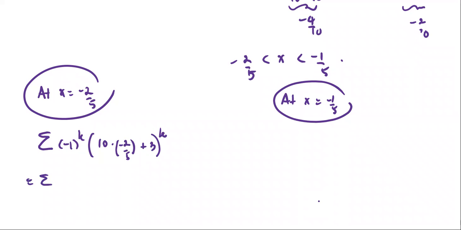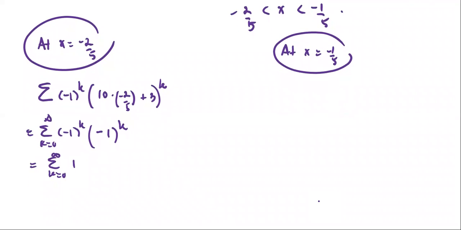Simplify it to be the summation of negative 1 to the power k times negative 1 to the power k from 0 to infinity, which becomes the summation of 1 as k equals 0 to infinity. And this series diverges by the divergence test, because the limit of 1 as k approaches infinity is not equal to 0.